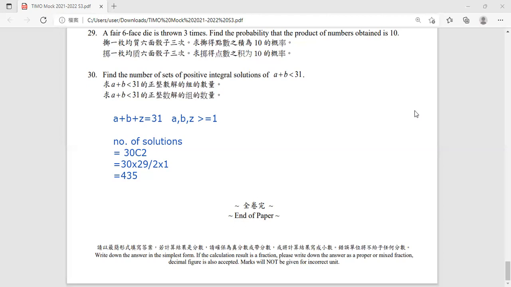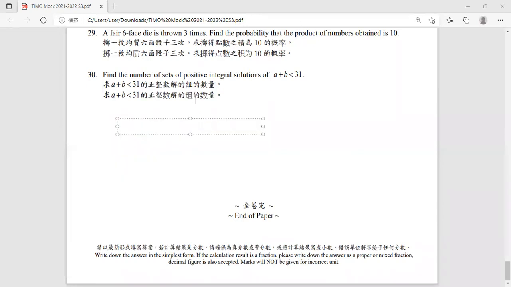For stars and bars, how do we know when to use C plus? Okay, this is a good question. You can think of it as turning all the questions into the basic form.